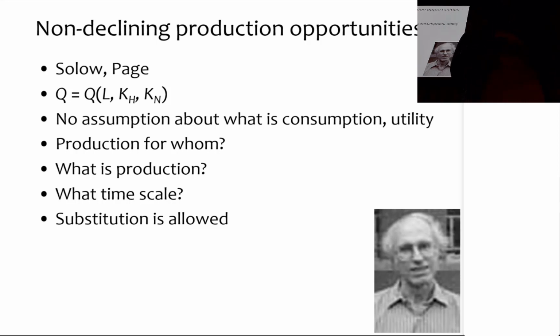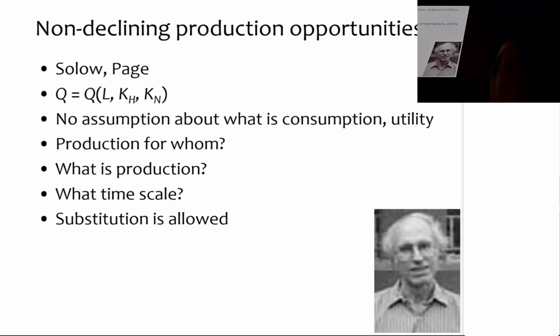So we should just focus on not so much the consumption side, but our ability to produce things. And that is what Solow again proposed. And I showed you a picture of Solow, and Talbot Page also proposed that. But that does not really answer the questions, production for whom, on what time scale, and so on and so forth.